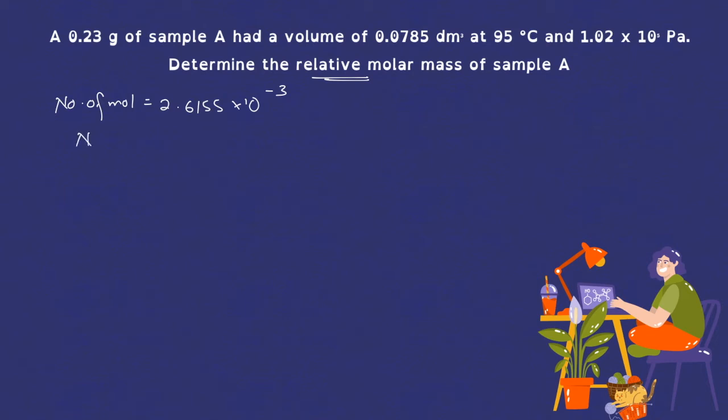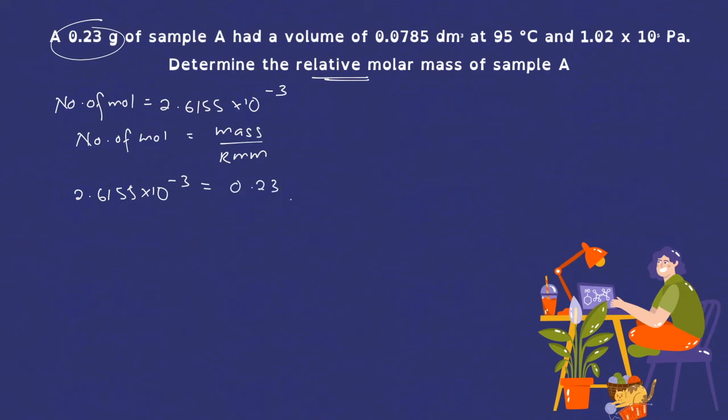So number of mole is equivalent to mass over RMM. So you already get your number of mole, 2.6155 × 10^-3, which is equivalent to the mass given in the question, 0.23 gram, over RMM. So you shall get your RMM.